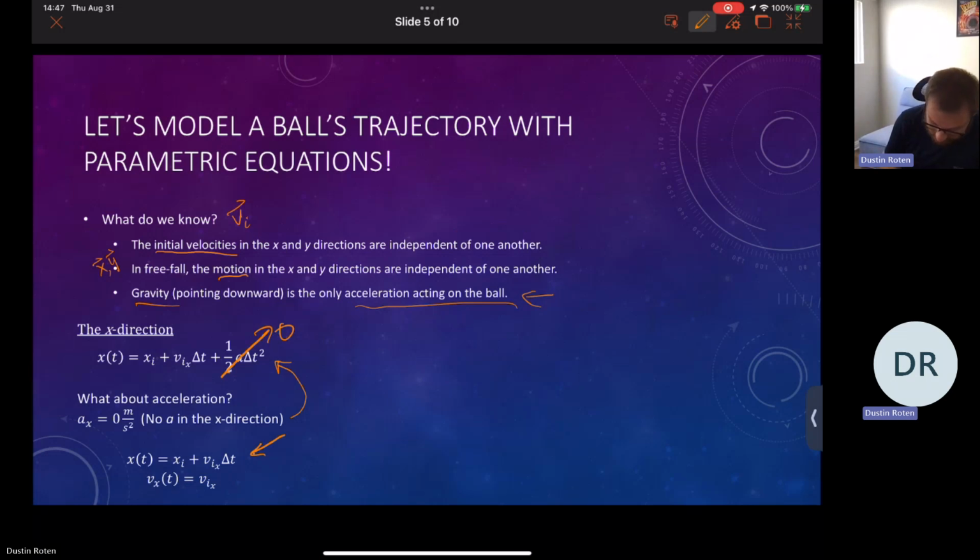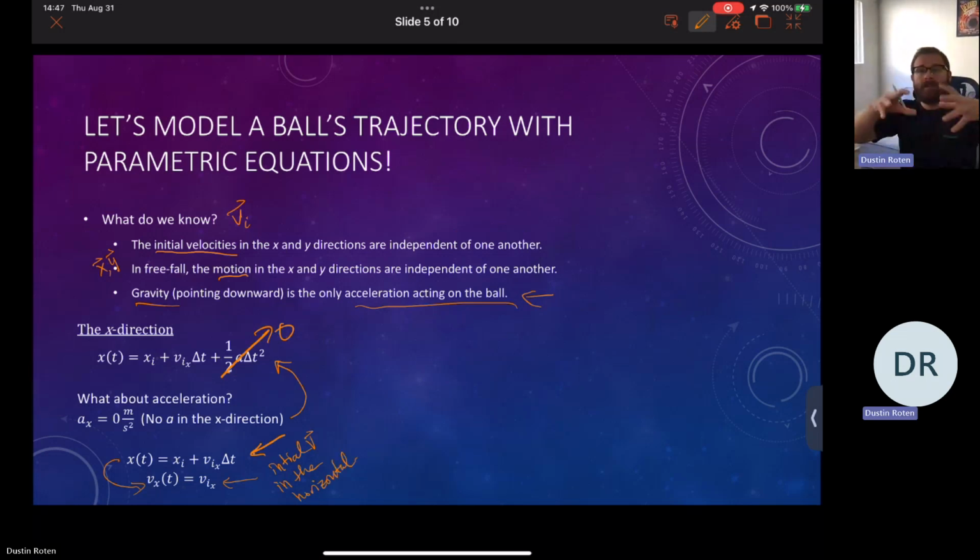Now, if we take the derivative of this, and we want to talk about not the position in the horizontal but the velocity in the horizontal, well, when you take the derivative, the only thing left over is just that initial value. So this is just the initial velocity in the horizontal.